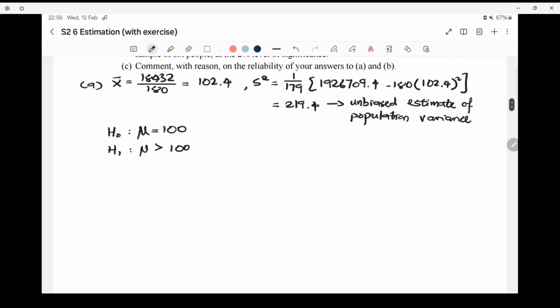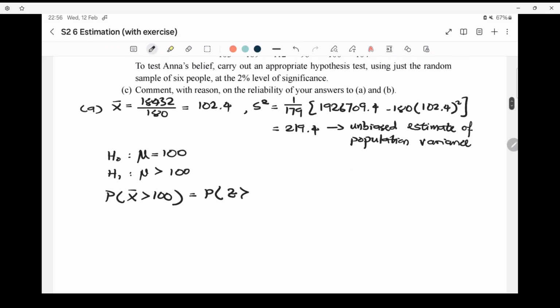So now you conduct your hypothesis testing. Basically your sample has to be greater than 100 in this case. So this you can convert back to z-score. Now you need to be slightly careful of what are the numbers that you need to plug in.